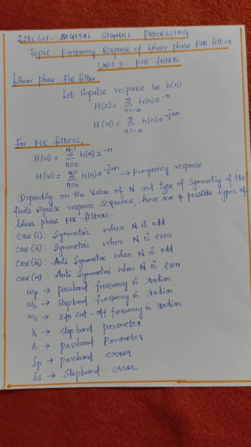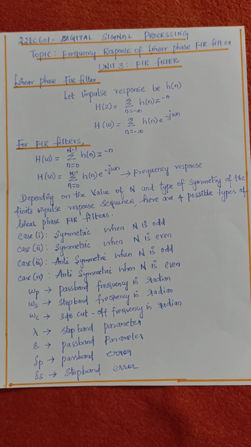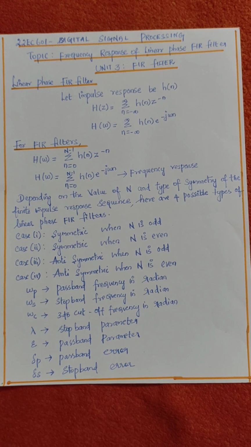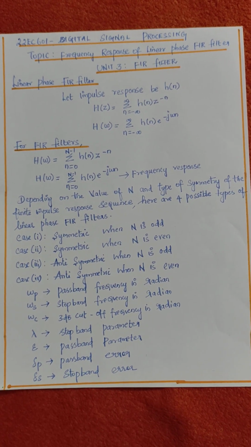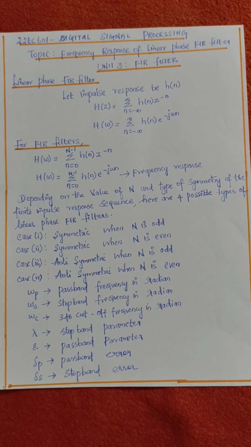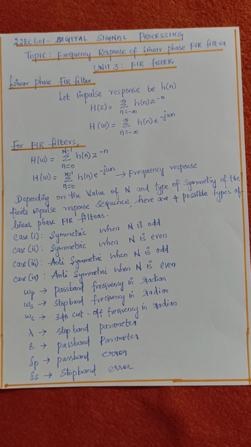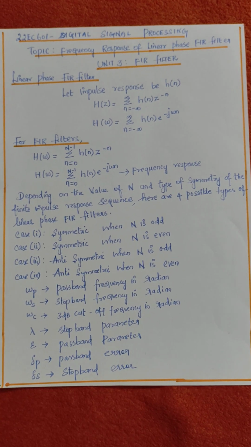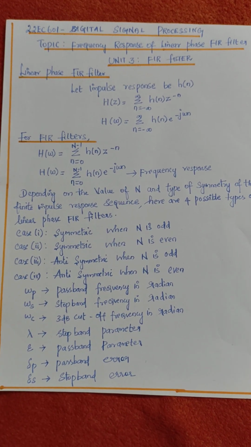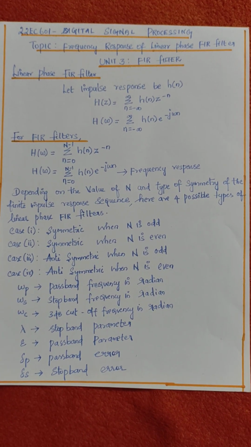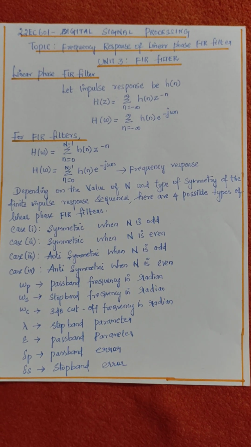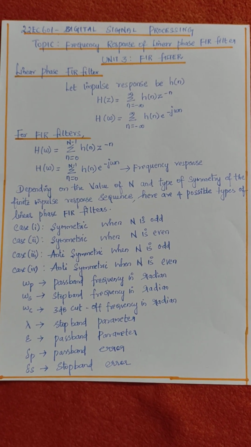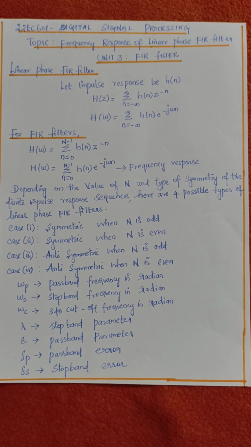Depending on the value of N, it's not like an IIR filter where N should be some value, it's a complexity. But in FIR filter, you're going to find the samples for 100, 500, even 1000, N number of samples. Depending on the value of N and the type of symmetry of the FIR sequence, there are 4 possible cases. Based on N only, they are splitting this FIR filter into 4 cases.